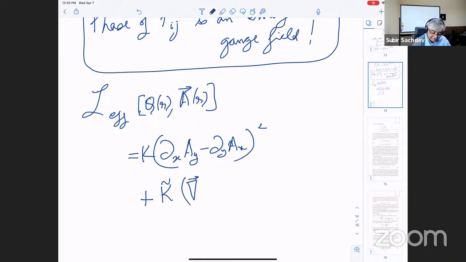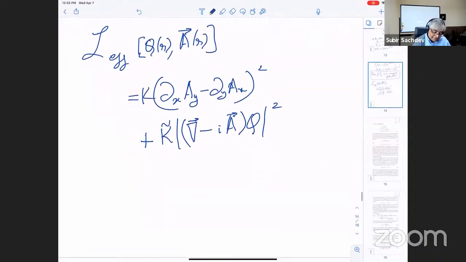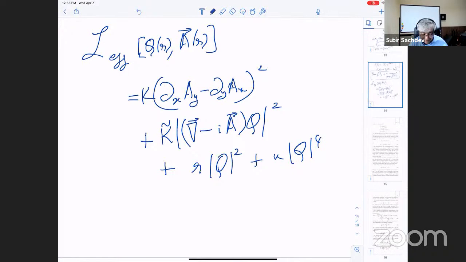So the only way it becomes gauge invariant is the gradient minus iA acting on Q, mod squared. And then you could imagine some polynomials, r Q squared plus u Q to the fourth. Okay, so I'm just being very sketchy without even doing any work. I'm just trying to figure out what gauge invariance tells me about the low energy theories. The gauge invariance tells me that there's this Q field that can fluctuate, and then there's a gauge field that can fluctuate, and I ignore everything else. And I just write down the minimal, simplest term that can couple them together, consistent with the gauge symmetry.